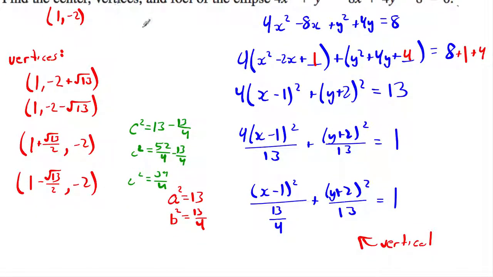So that means we're going to have to add c to the x values, to the y values, because this is vertical. Oh, I'm just making all sorts of mistakes here. So the foci are going to be at 1 comma negative 2 plus the square root of 39 over 2, and then 1 comma negative 2 minus the square root of 39 over 2.